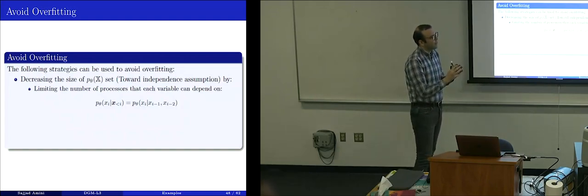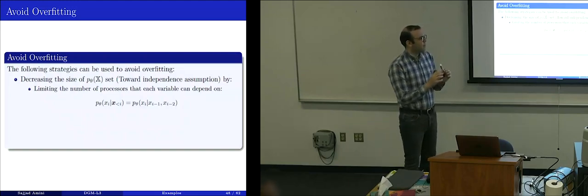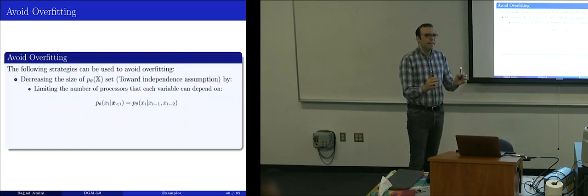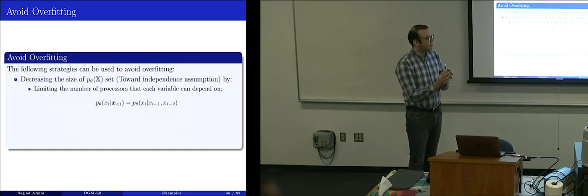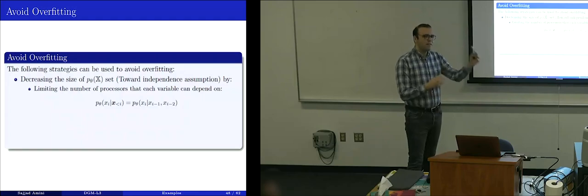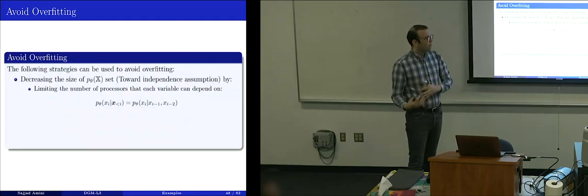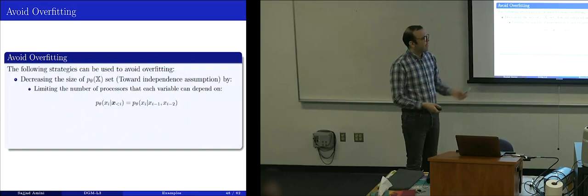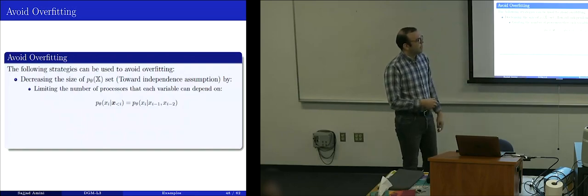Make your family smaller so that you have a smaller number of parameters, and then the ratio of the dataset size over the parameters will be increased, and consequently the chance of overfitting will be decreased.